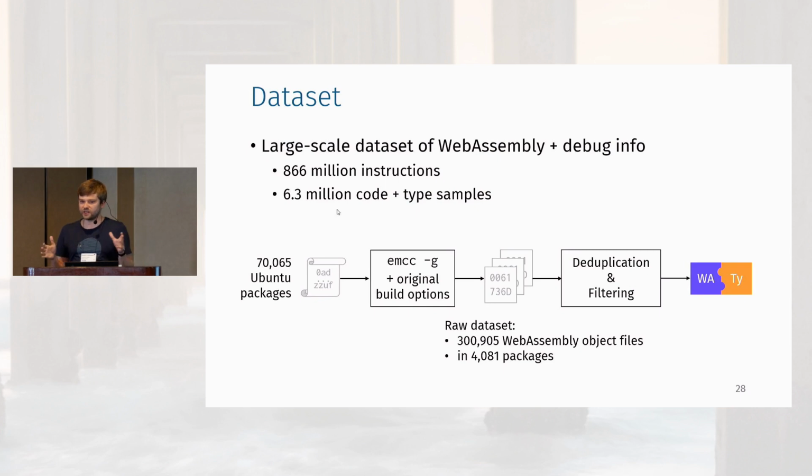And this gives us a very large scale data set, actually larger than all of the native code data sets of the previous work. So it has more than 800 million instructions and 6.3 million type plus code labeled samples.